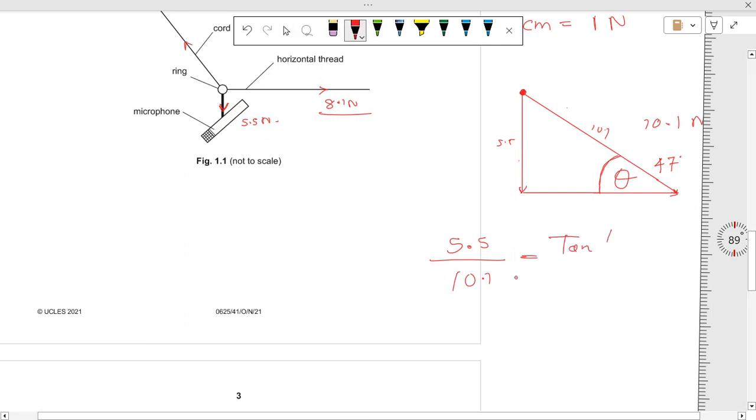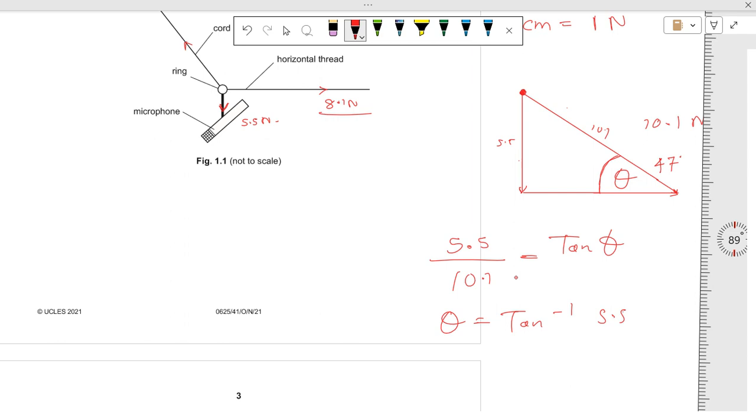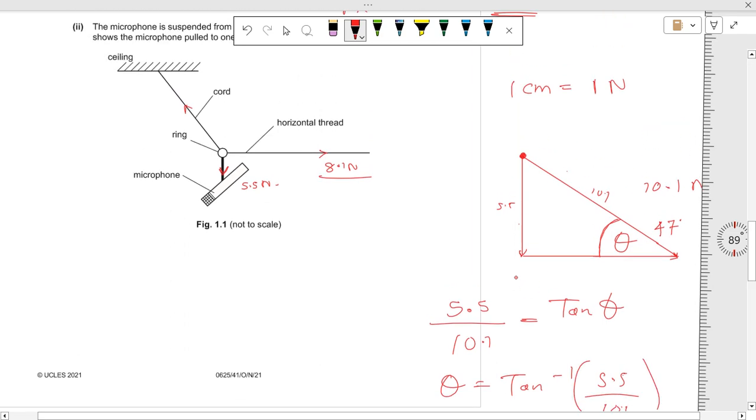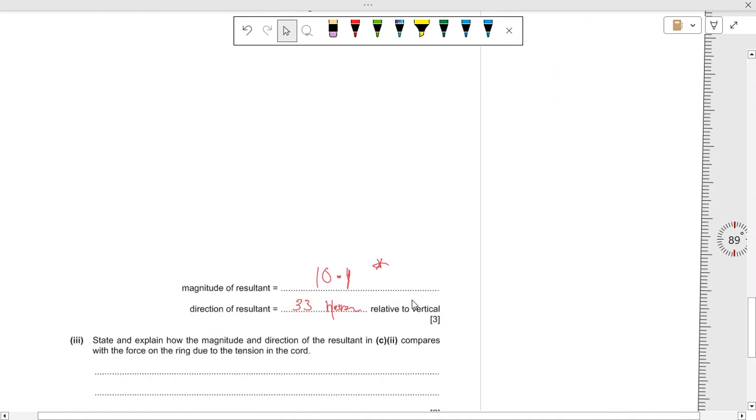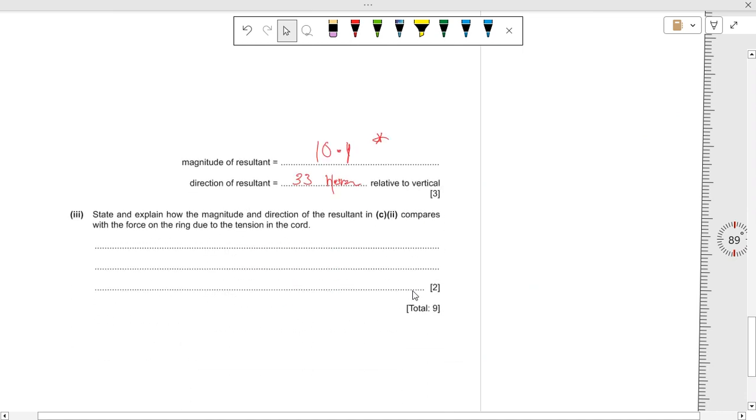Theta equals tan inverse of 5.5 divided by 10.1. Just leave a comment if there's any doubt or any question.